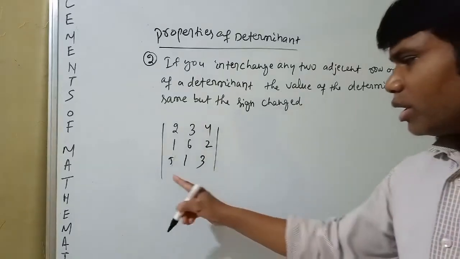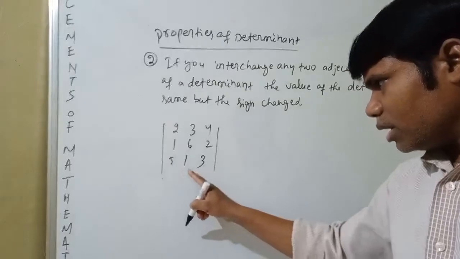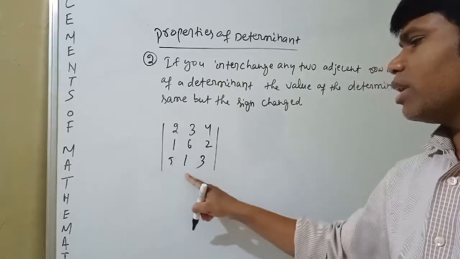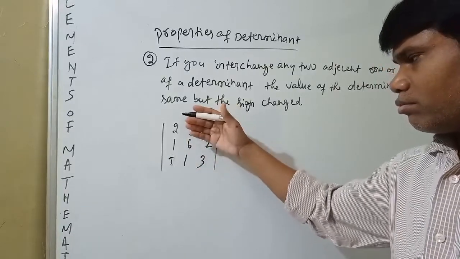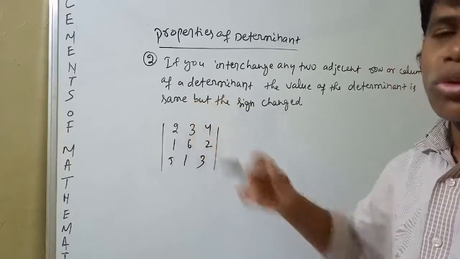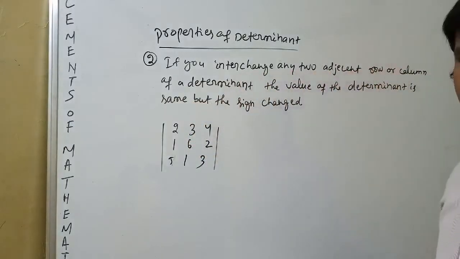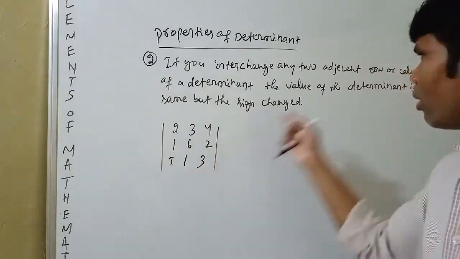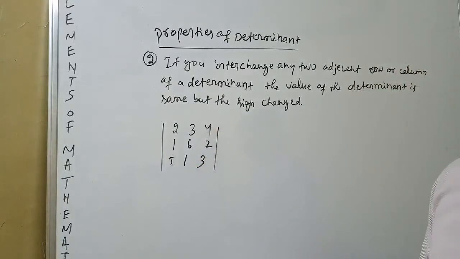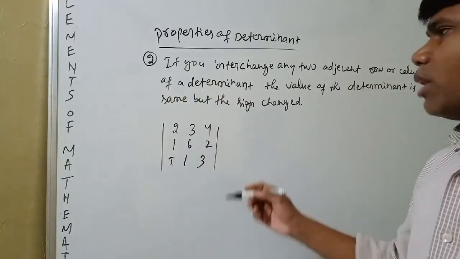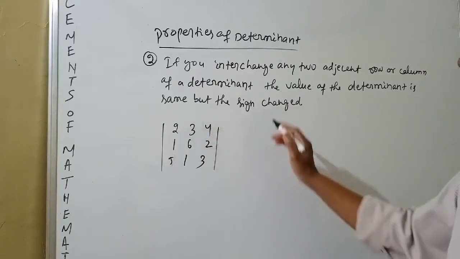Adjacent means this is the adjacent of this, and this is the adjacent of this. Just side by side, row to row or column to column. If you interchange any two adjacent rows or any two adjacent columns, that means the value is same but the sign changes.